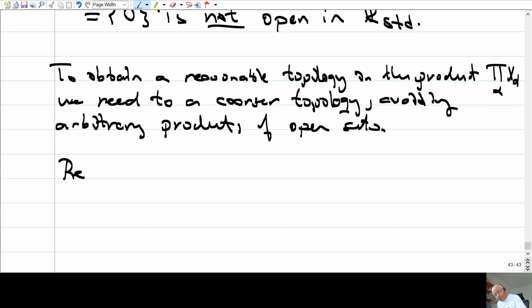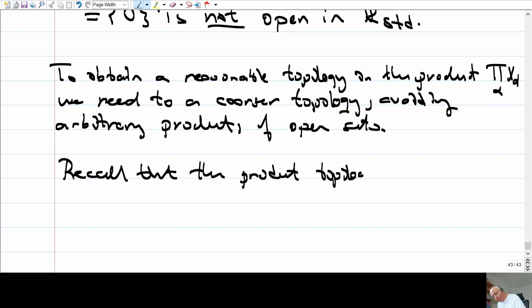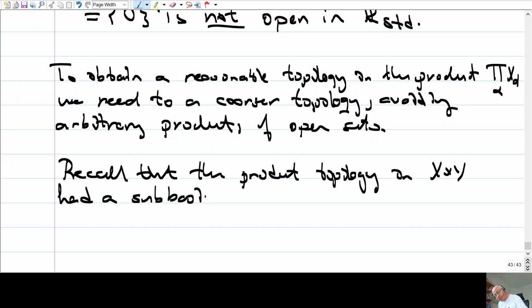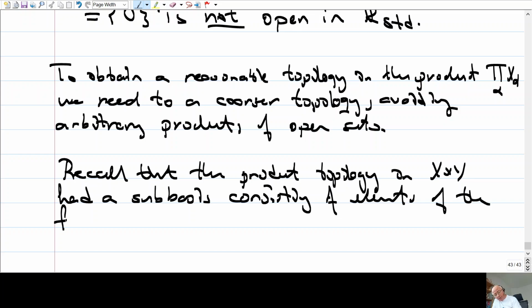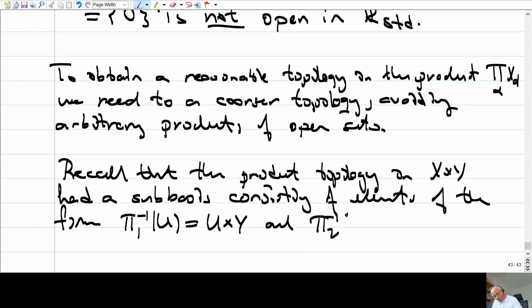Recall that the product topology on X cross Y had a sub-basis consisting of elements of the form: pi 1 inverse image of U, which is U cross Y, and pi 2 inverse image of V, which is X cross V. Right?